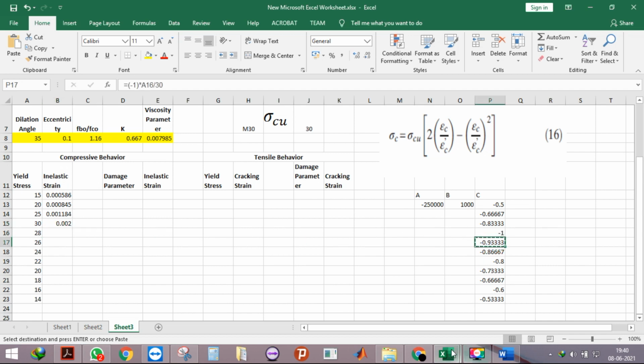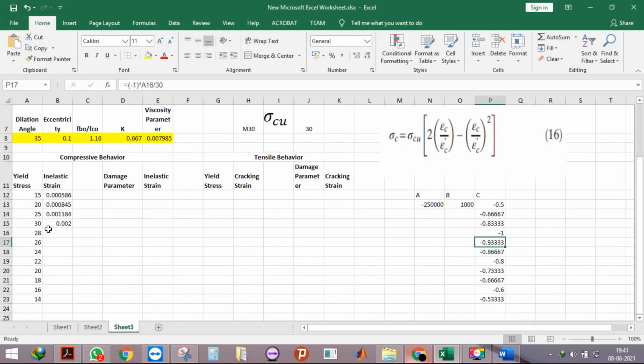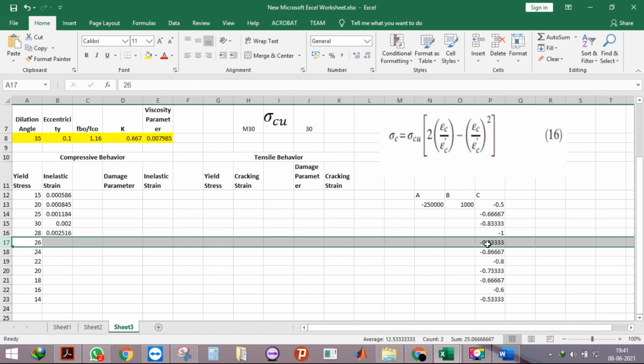Now for the next values you can simply enter, but here we'll take the strains which are greater than 0.002. Why? Because we have crossed the point 0.002. So out of the two roots we have to take that.